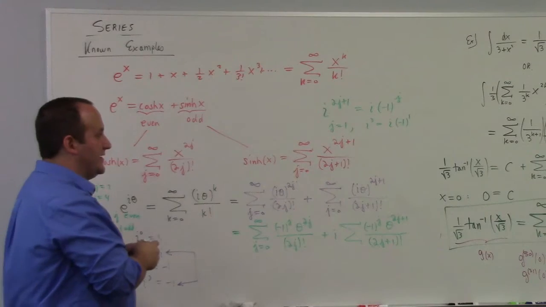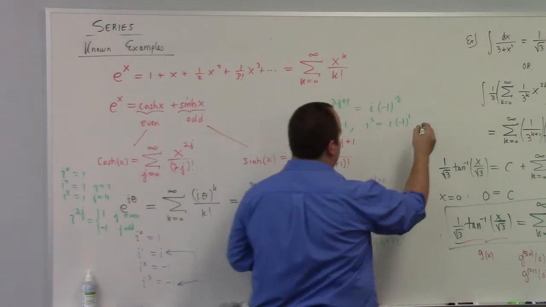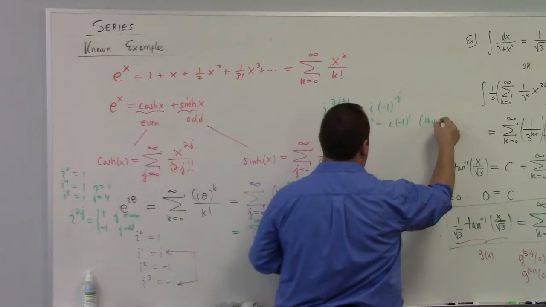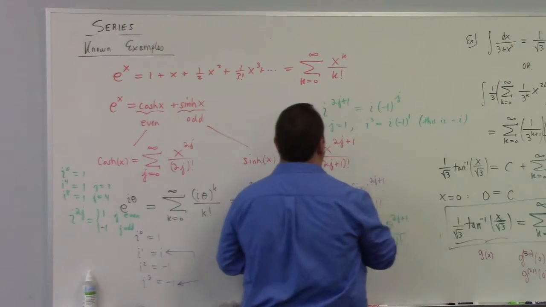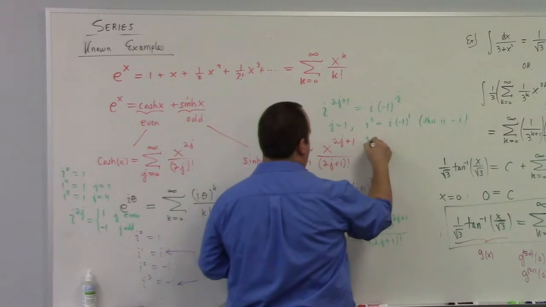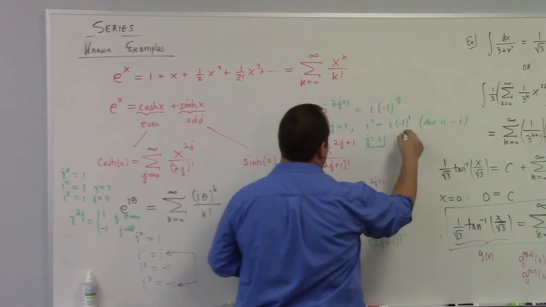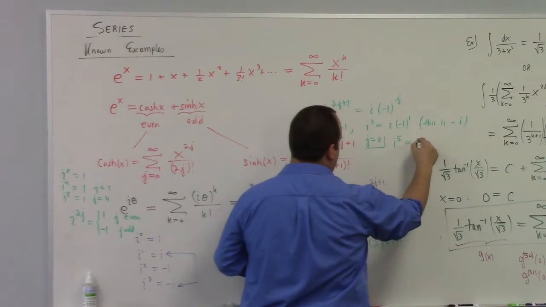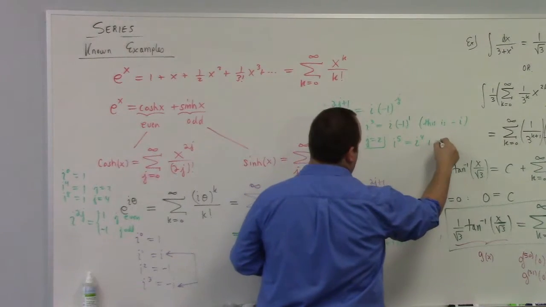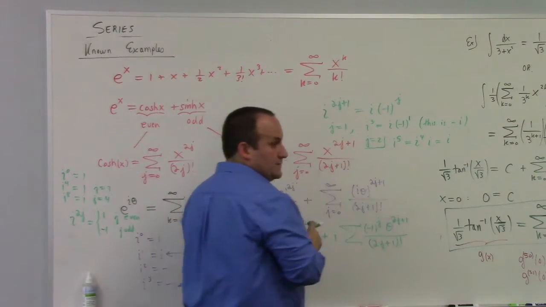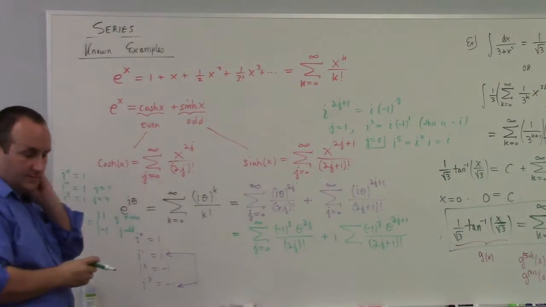Because i cubed is minus i. If you look at j equals 2, you'd have i to the 5, which is i to the 4th times i, which is just i. All right.